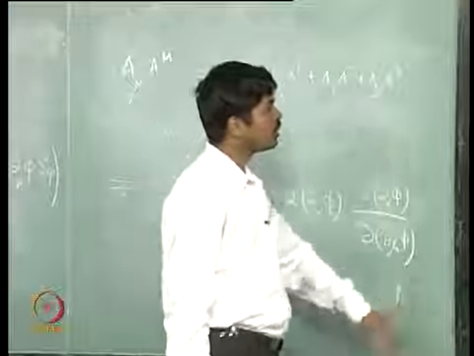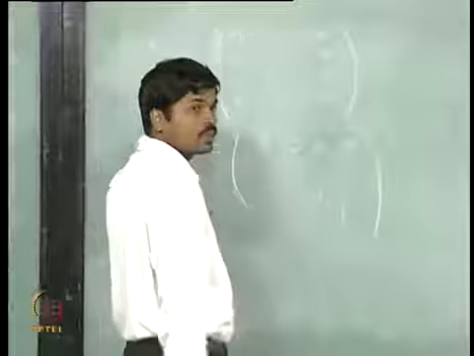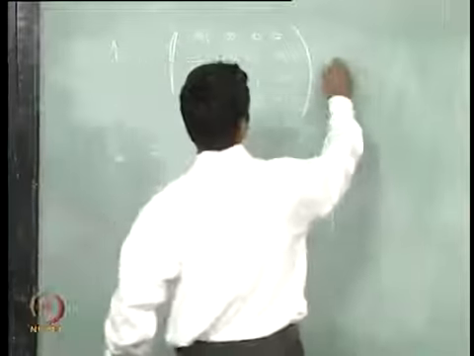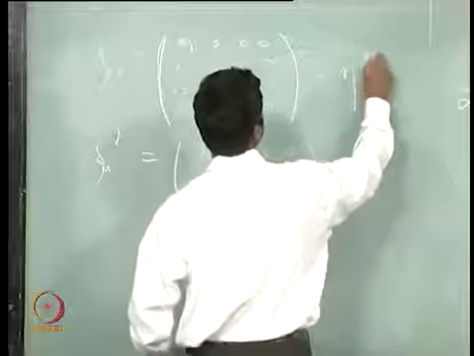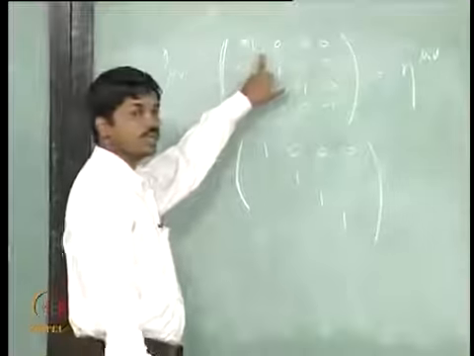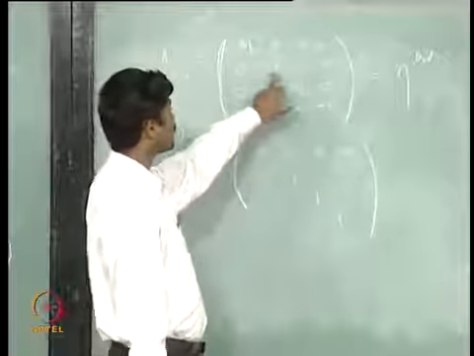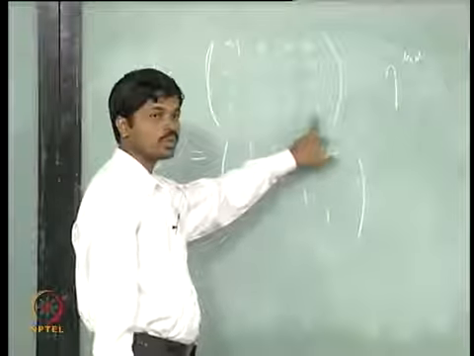However, eta mu nu as well as its inverse, which is numerically equal to the same thing, has eta 0 0 equal to 1, whereas eta 1 1, eta 2 2 and eta 3 3 are minus 1s.